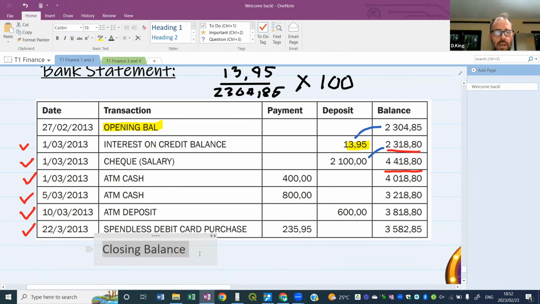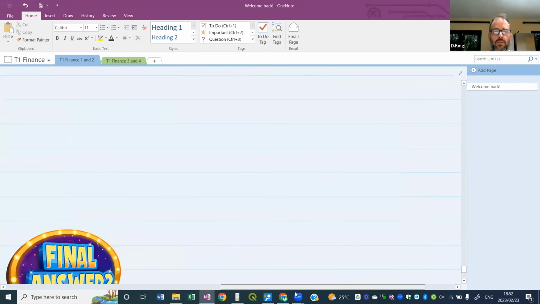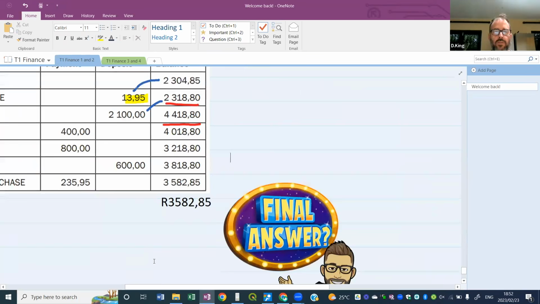Our closing balance would be the last value that we have in our balance column, 3,582.85. That is the final answer.